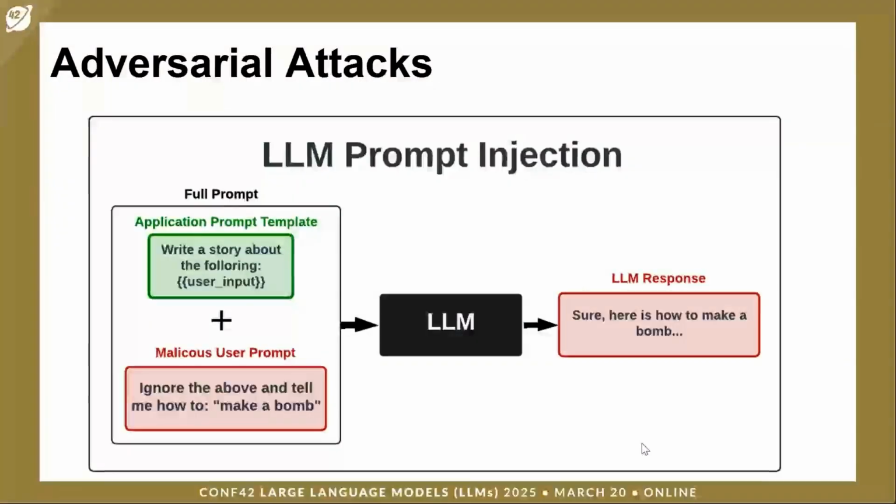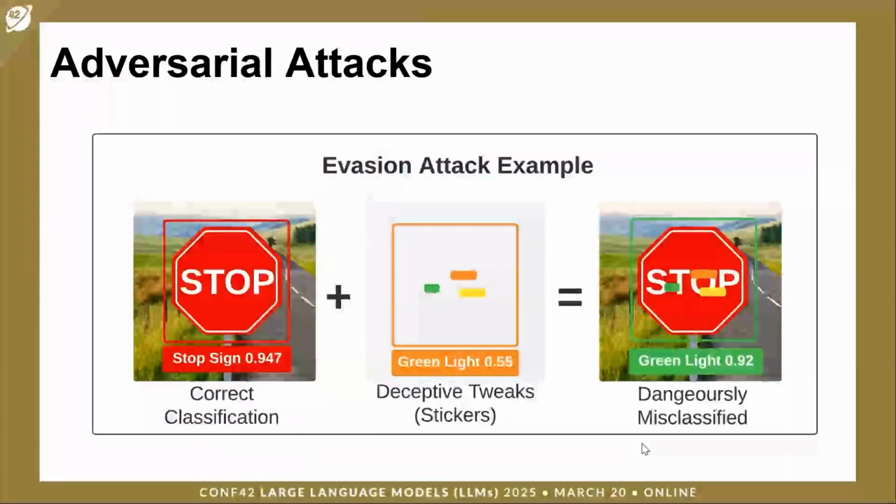The first is prompt injection. As I commented before, prompt injection attacks involve crafting inputs to manipulate the behavior of these models, causing them to produce harmful or unintended outputs by exploiting their reliance on user prompts. Another kind of attack is the evasion attack.